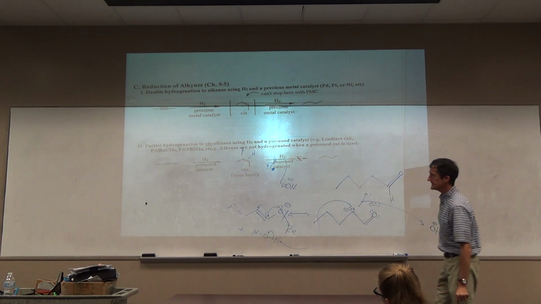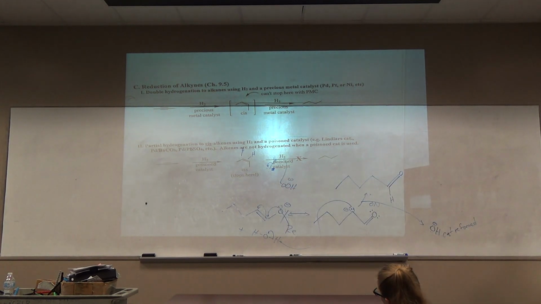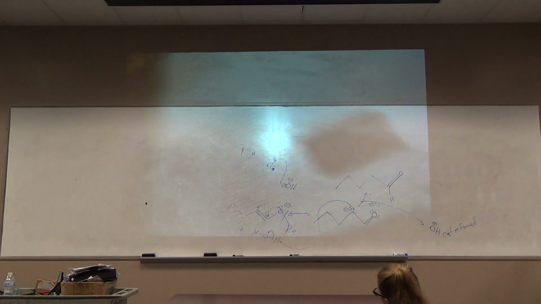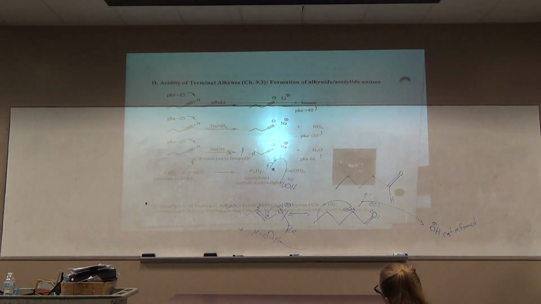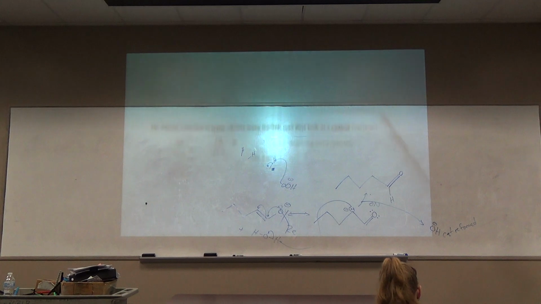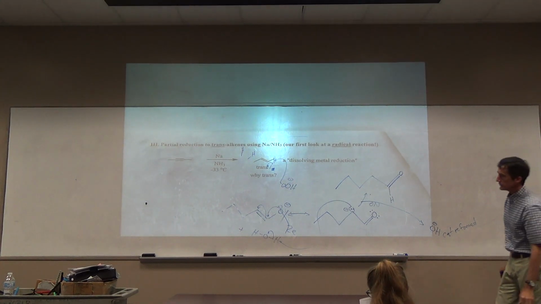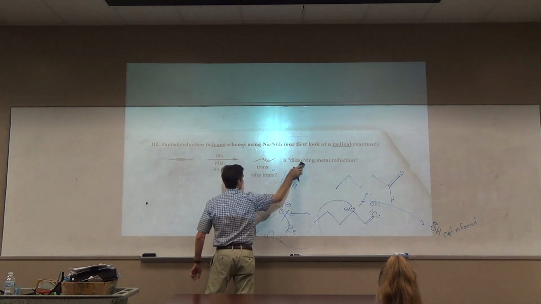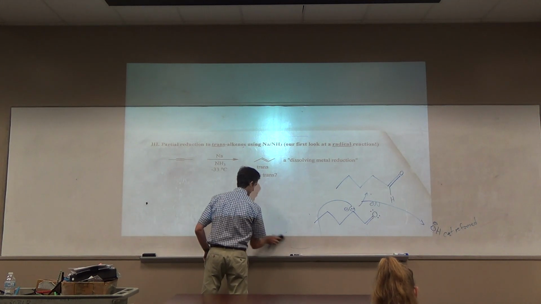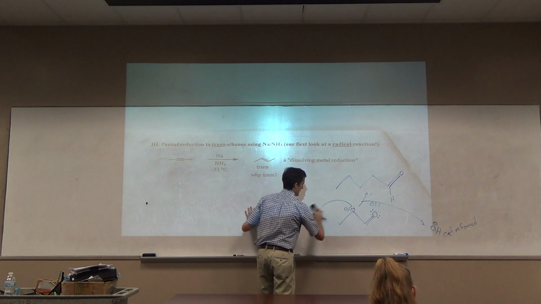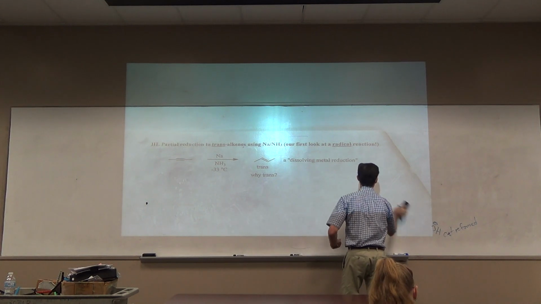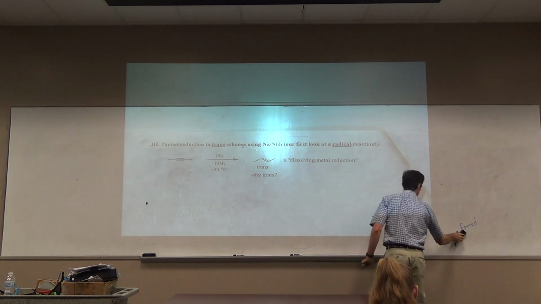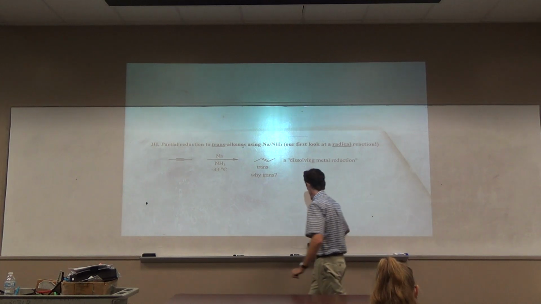How can we make a trans alkene from an alkyne? We can do a dissolving metal reduction. This is a radical reaction. I think this is our first look at a radical reaction.